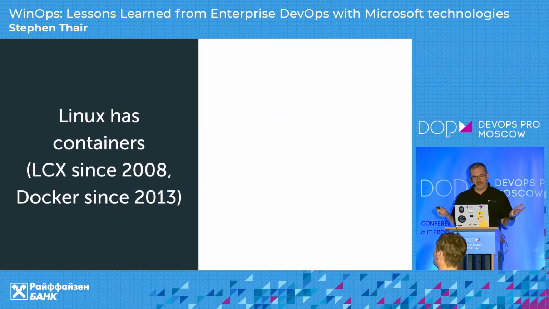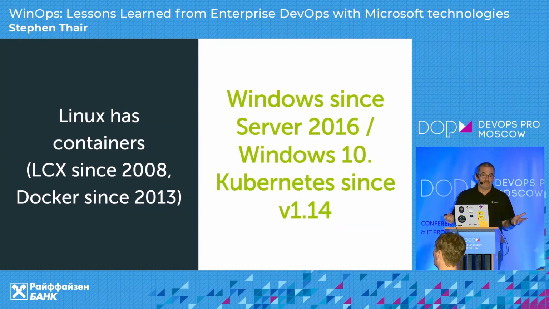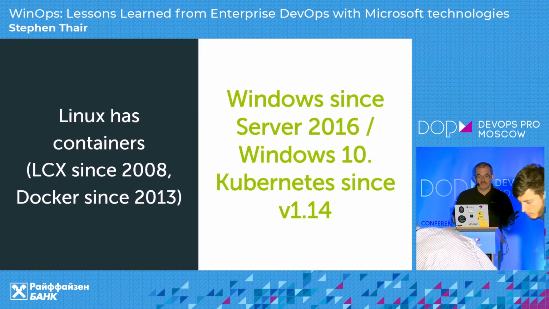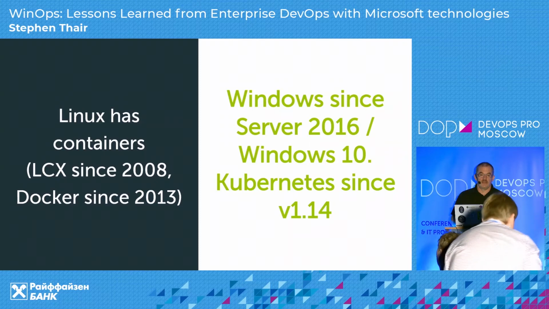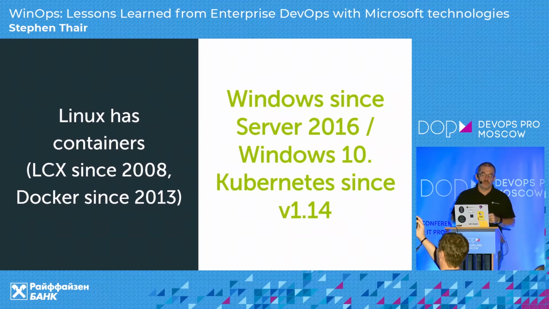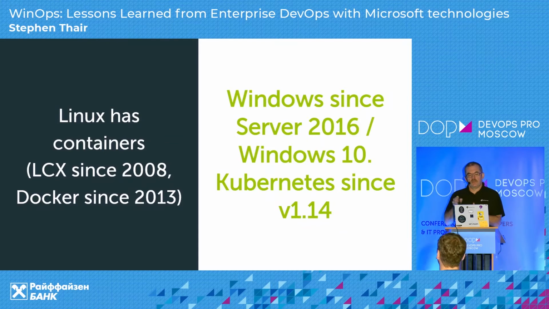Obviously, the hottest thing in the Linux world is containers, based on LXC, which has existed in the Linux kernel since 2008. Docker was founded back in 2013. Again, Windows now has containers, in Windows Server since 2016 and in Windows 10, and there is now full support for Windows containers and Windows Server nodes in a Kubernetes cluster since 1.14, which came out about three months ago.